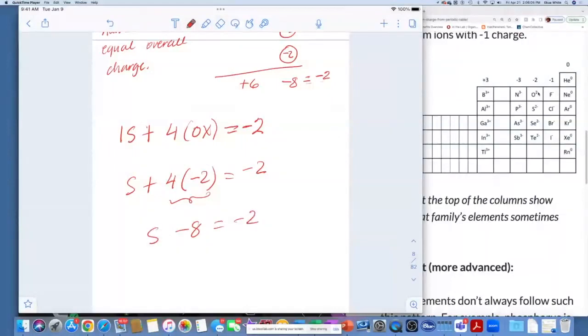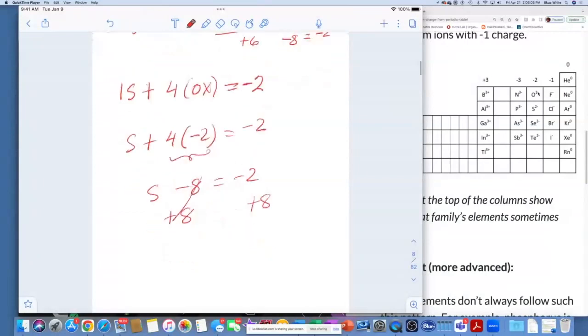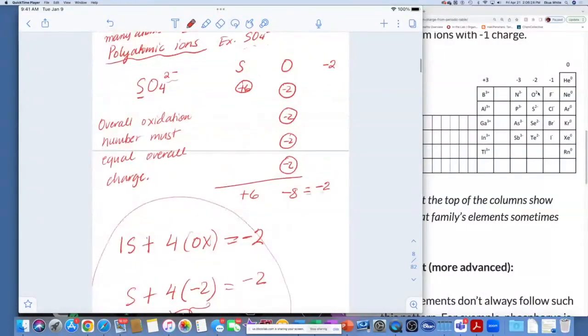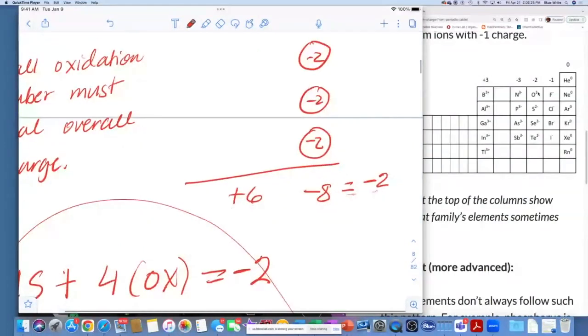Equal minus 2. So what must sulfur be? Plus 8 plus 8. This zeroes out. Sulfur equal plus 6. So if sulfur is plus 6 and then you have 4 oxygens each minus 2, you get a total of minus 2 overall. So you can use the math way to figure it out. You can use the conceptual way to figure it out. Pick a way that works for you, and that should work out.